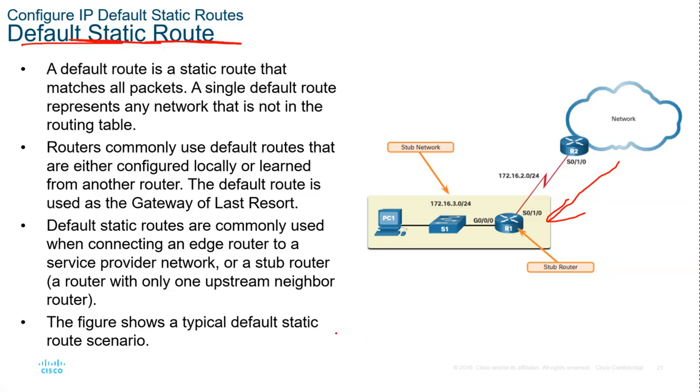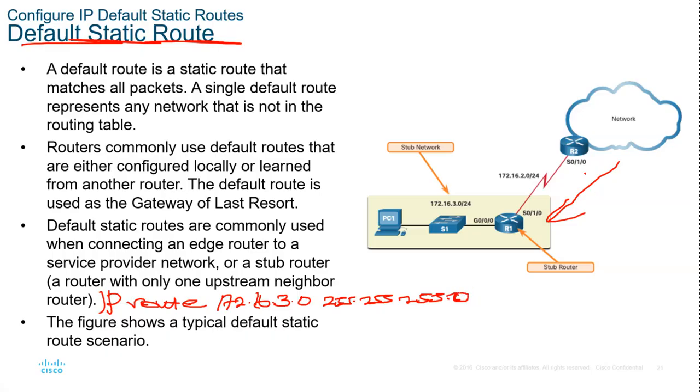You state ip route, the network, because it's from the service provider, 172.168.3.0, then the subnet mask 255 dot 0.